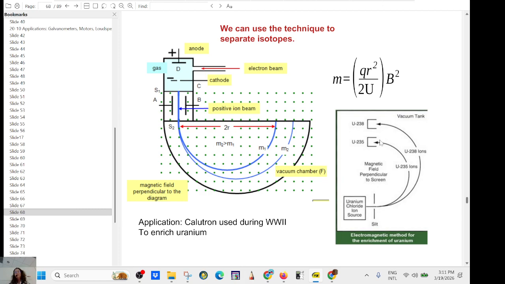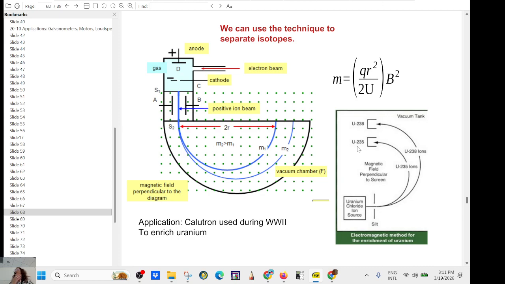So, example of applications, but I already talked about that. I think I did. So uranium has several isotopes, but two important ones. Uranium-238 is one isotope. Uranium-235 is another isotope. 98% of uranium is uranium-238. And then you have like 0.1%, very small, is uranium-235.